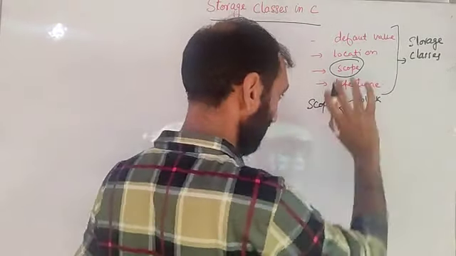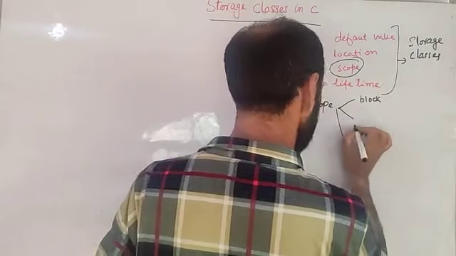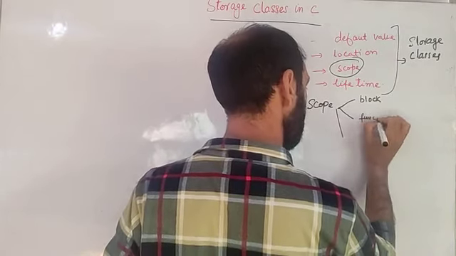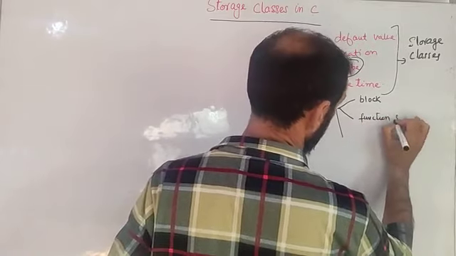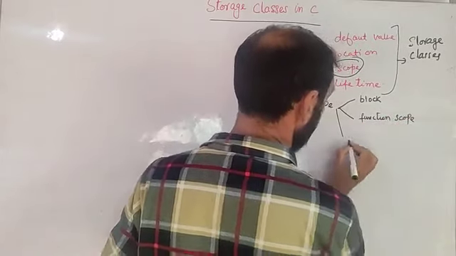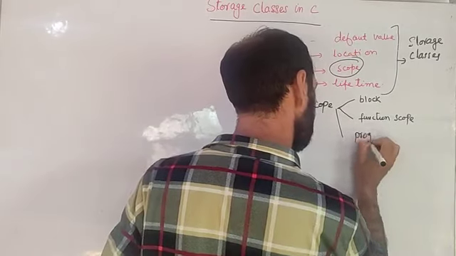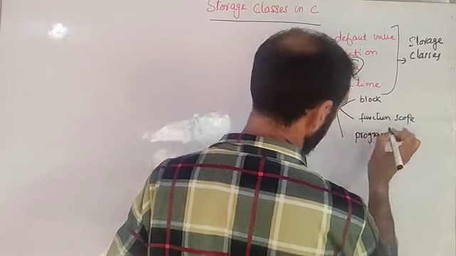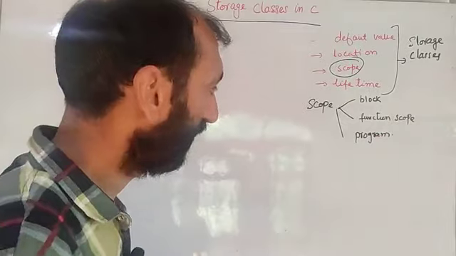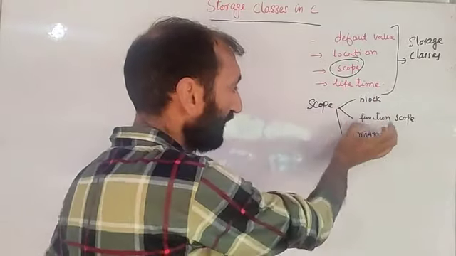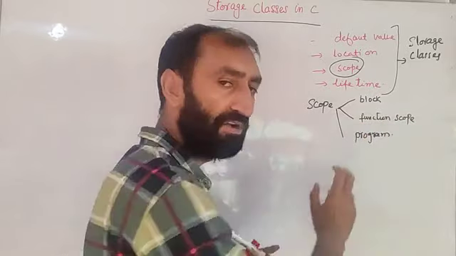A variable can have a block scope. Second one is the function scope. And third scope is the program scope. A variable can have these types of scopes: either a block scope, or a function scope, or a program scope.